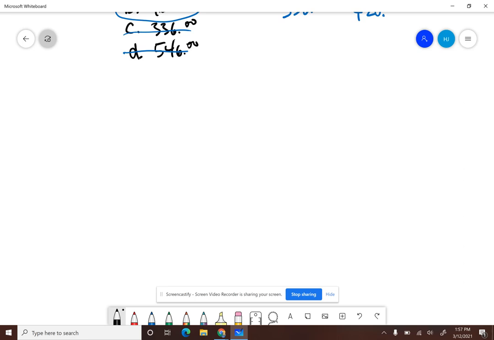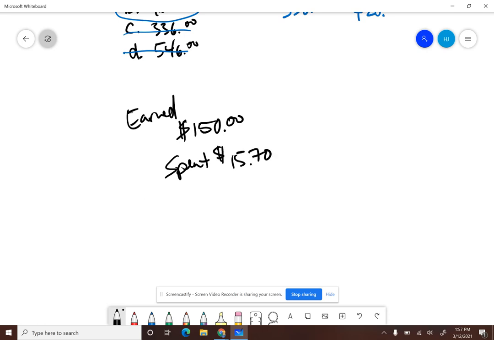Another example, let's say Ernie earns $150 from a small carpentry job. So he earned $150, okay? Now, let's say he spent $15.70 at the grocery store.